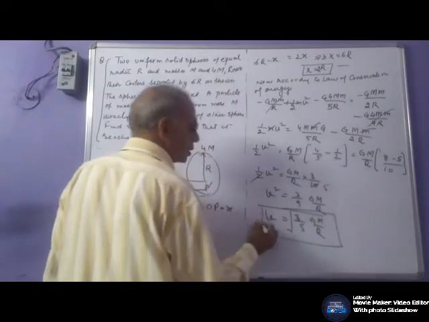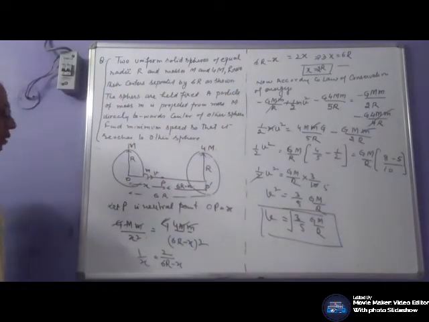So this is the minimum velocity that must be given to this mass to reach the other sphere.